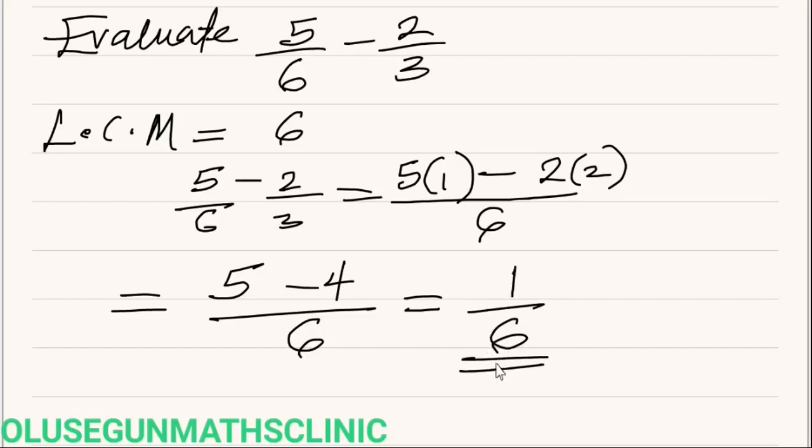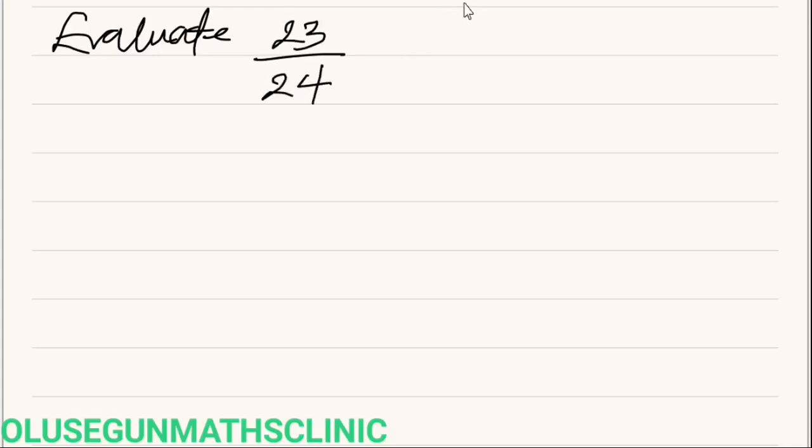So therefore, let's also have a meaningful example that can trigger the understanding of this fraction, because this is also a very good example. So let's go to another example. Evaluate 23 over 24 minus 1 over 2 minus 3 over 8.